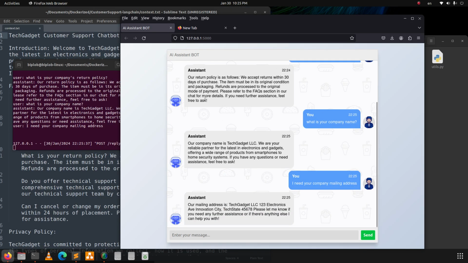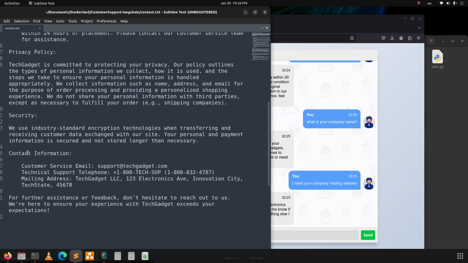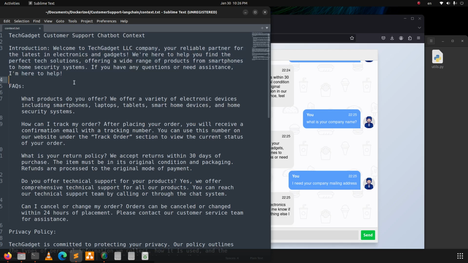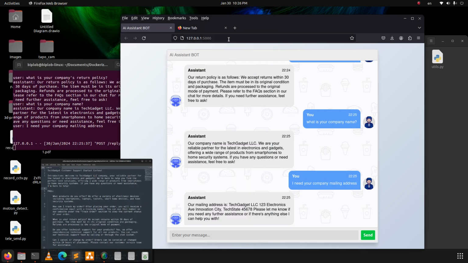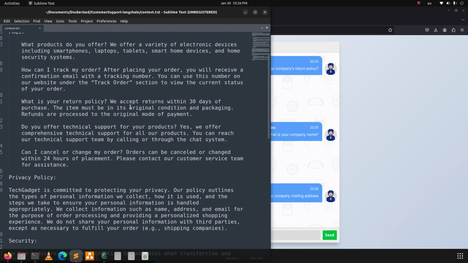Actually, this address and every answer given is from this context. Here you have to write down about your company, like frequently asked questions, introduction, privacy policy, security, and whatever you think that people should know about your company. You have to write down those in this place.